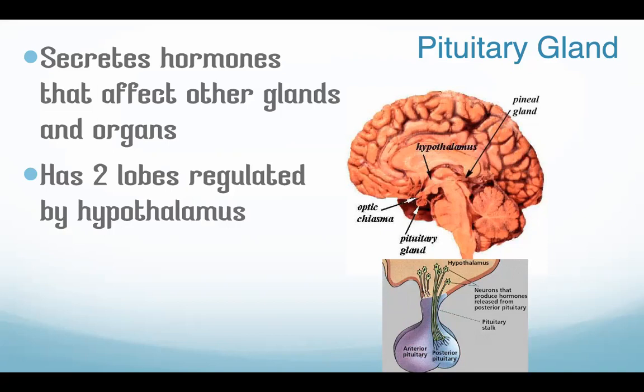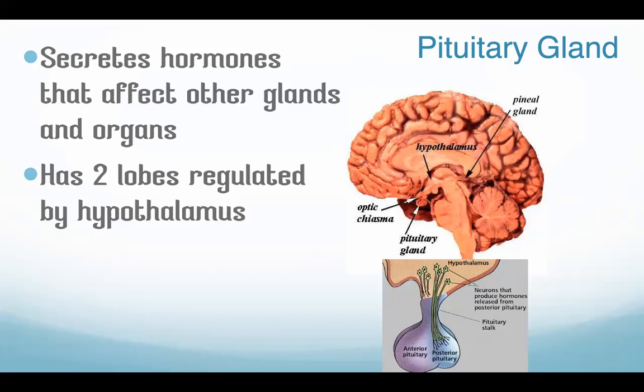Remember I said in the last unit when we talked about the nervous system and the structure of the brain, that the hypothalamus is kind of like the nervous system control center for the endocrine system, because the nervous system, of course, is going to be like kind of the monitor over all of the processes that are occurring in the body. And hormones are the messengers that are going to change how your body responds to both the external and internal environment.